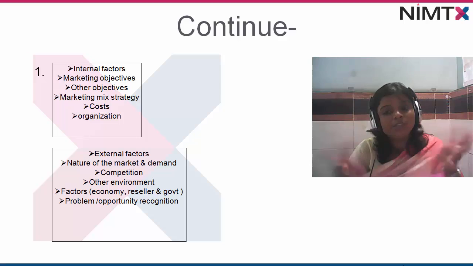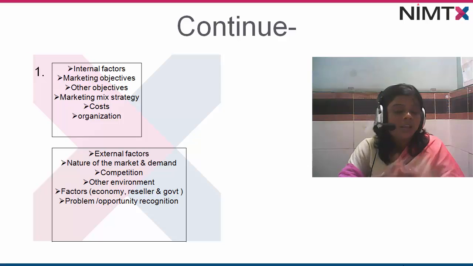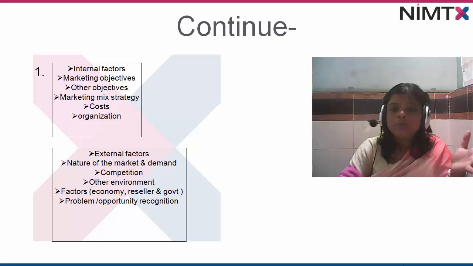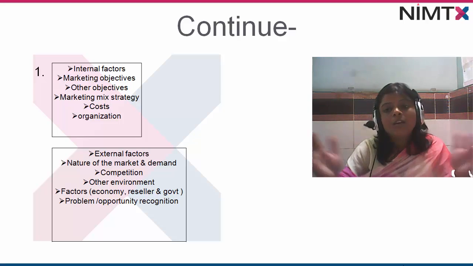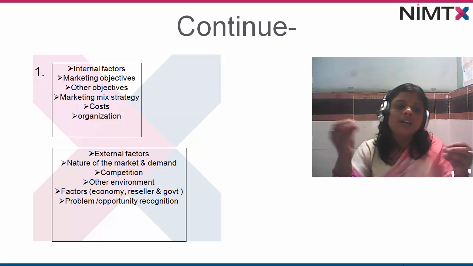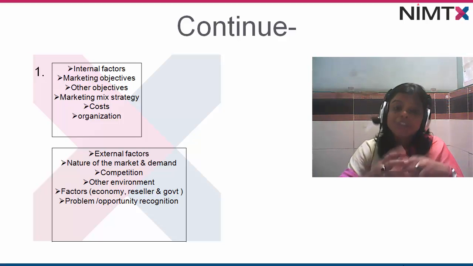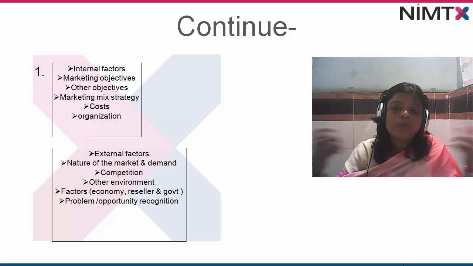Then other environment factors which I have explained you: there is economy, you are reselling, your government, you are handling the government products, or problem or opportunity recognition. And what is the problem and what opportunity you recognized to relaunch a new product or launch a new product. You are making it innovative, and according to that the internal factor and external factor will always make you efficient to take the decision on what kind of cost for your product.